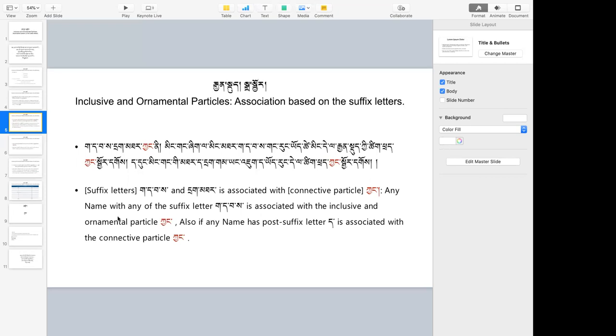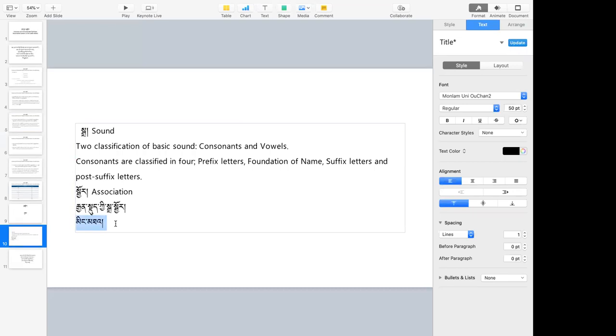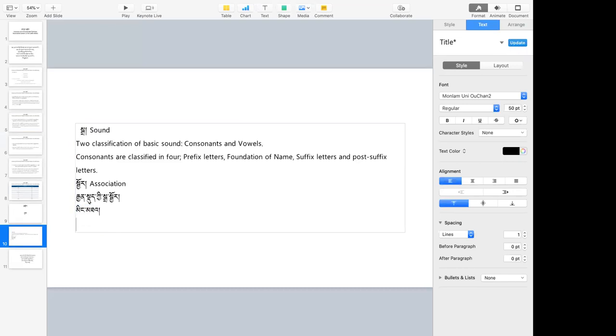which means that any name with any of the suffix letter ka, ta, pasa. So this name could have any of these suffix letter ka, ta, pa, or sa. For example, let me give you an example. The word yak. So the word yak, we see that it has the suffix letter ka.